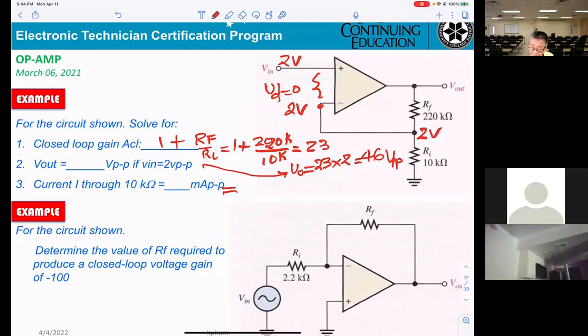So the current through 10K will be equal to volt divided by 10K. So 2 volt divided by 10K, what do you get? 0.2 milliamps.